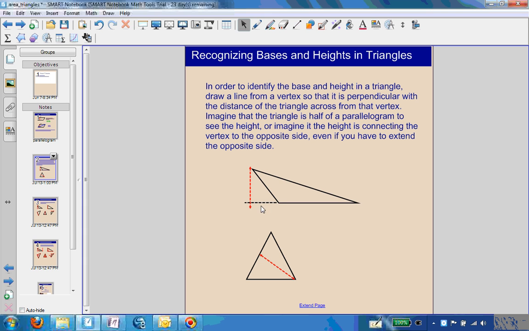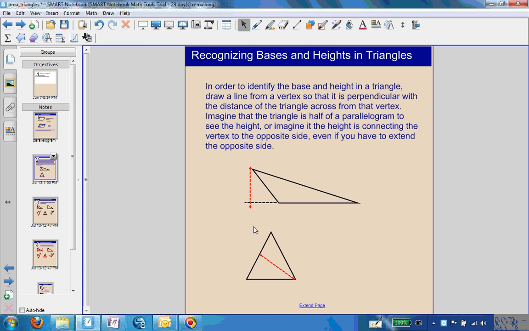Now we don't consider this imaginary line as part of the length of our base, but we do understand that the red height is perpendicular to the base even though they don't actually touch. In this next example, I'm looking at this vertex on the bottom right, and if I connect it with the opposite side, I can connect it in such a way that the line is perpendicular to the base.